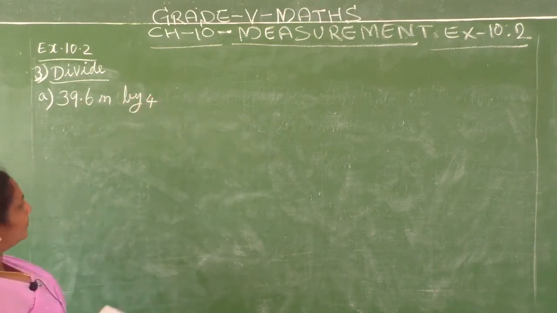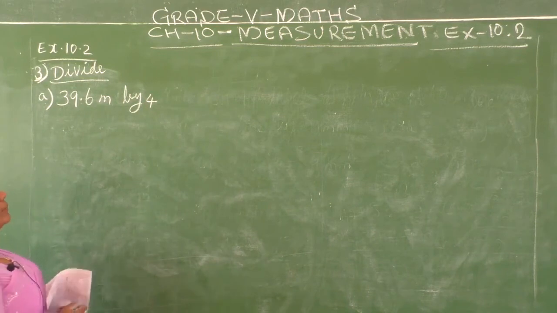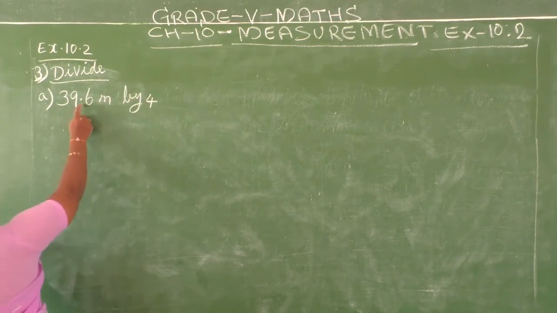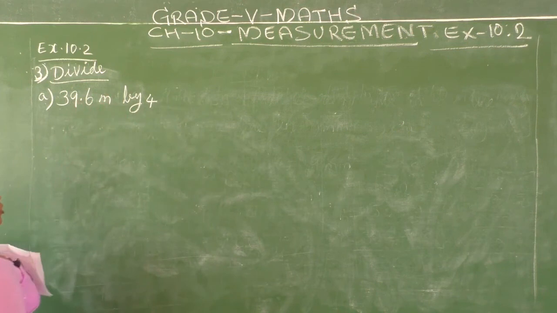This also is as usual division only, ma. Only one thing they gave here, decimal point and unit also. First you have to remove the unit and divide it. Afterwards in your answer you can write the unit.